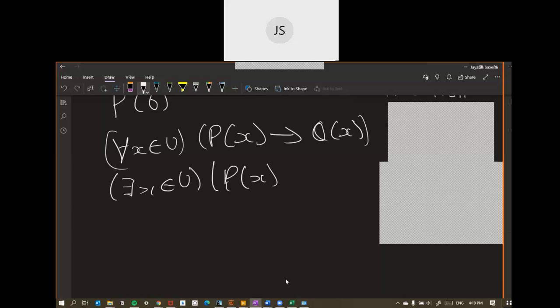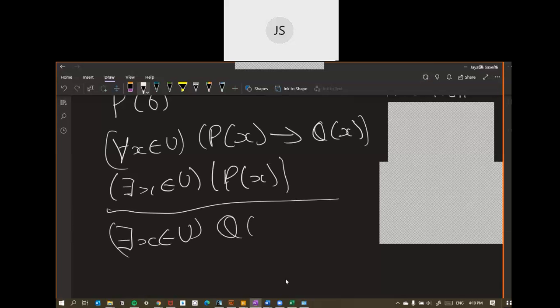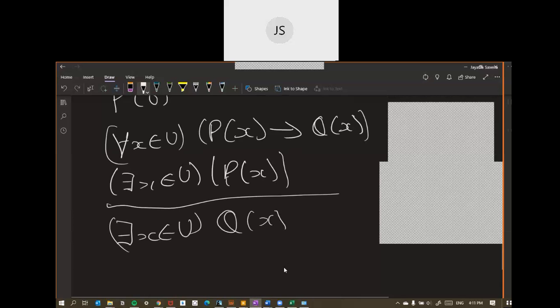And we want to get there exists x in U such that Q(x). So now you see that this is something similar to modus ponens, I believe. It's similar to if P then Q, and P, implies Q.